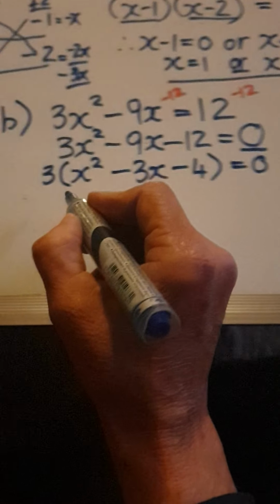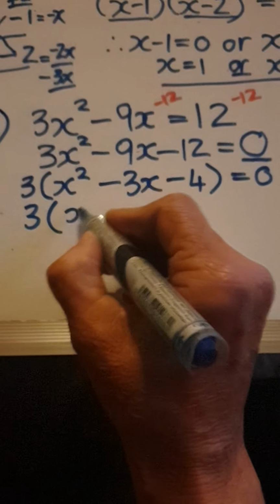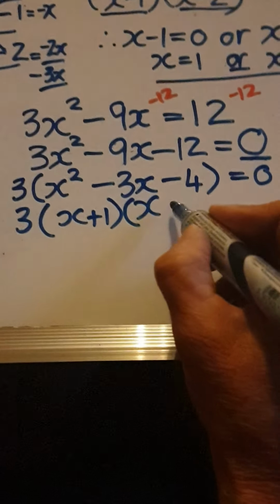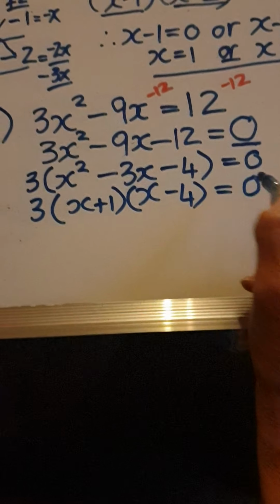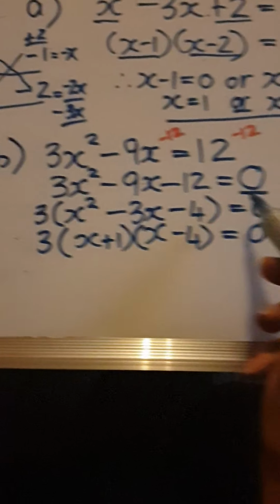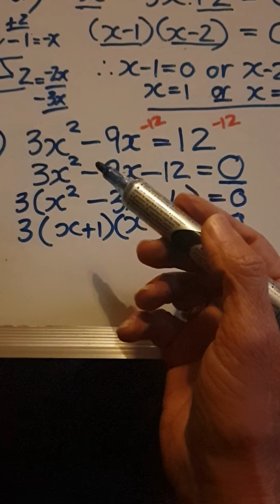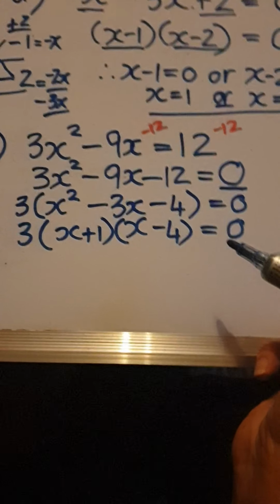So let's rewrite this. Here I have 3 times x plus 1 times x minus 4 must be 0. Just look at this: 3 is a constant. It's a factor. If you multiply by a factor of 3, you increase, or if you divide, you decrease by a factor of 3.